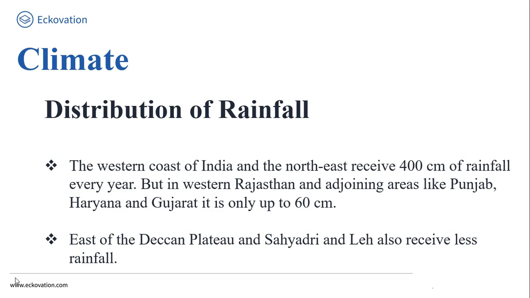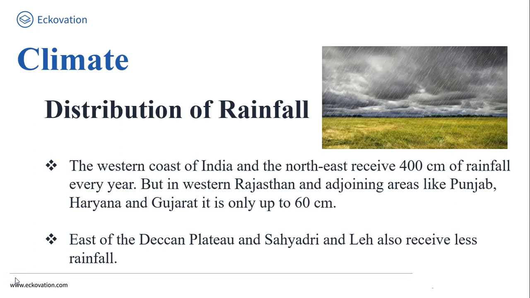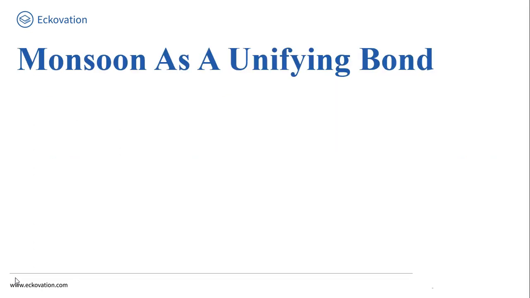My dear friends, in the Himalayan region, snowfall is seen. Now friends, let's move ahead and discuss the monsoon as a unifying bond. We have already discussed how the Himalayas protect us from extremely cold winds and from the uncomfortable monsoon.